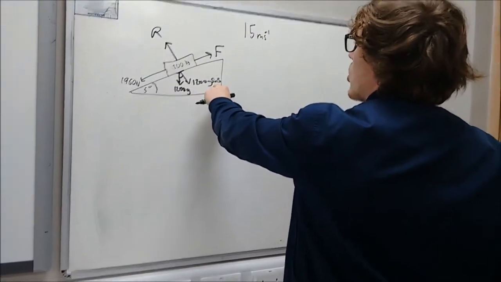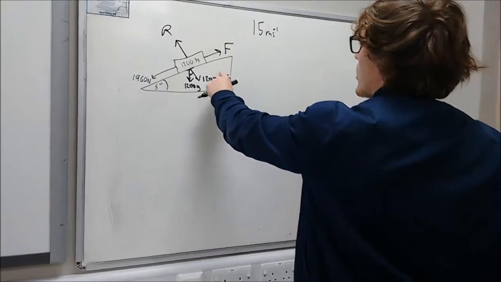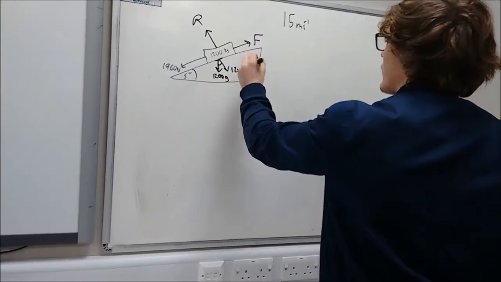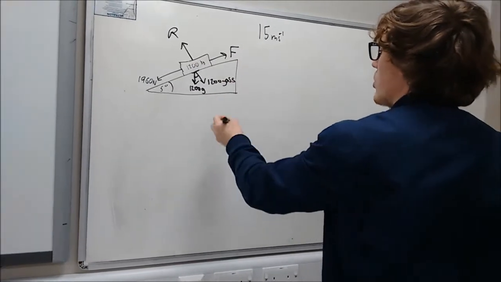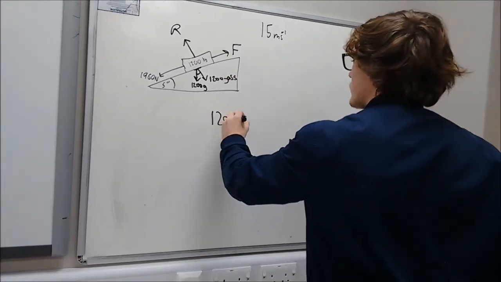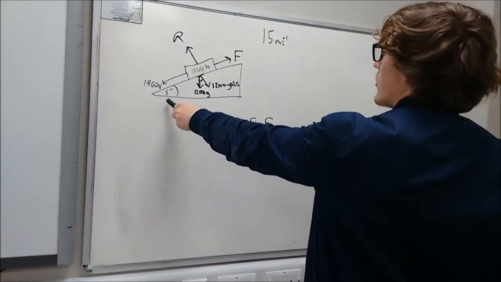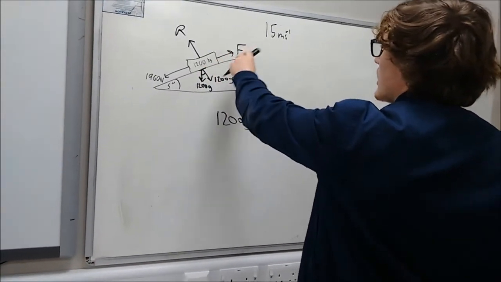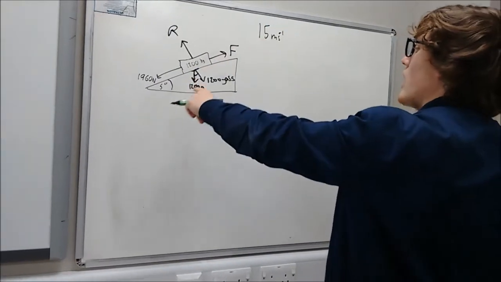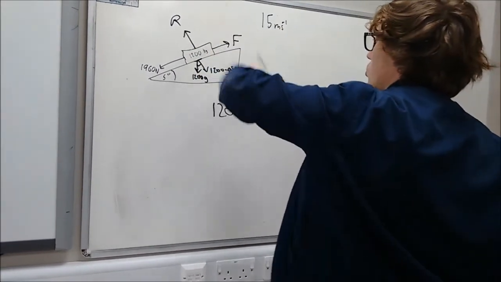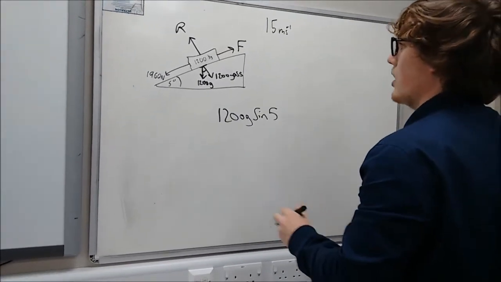1200 G sine 5. This should be cos 5, that is 1200 G sine 5. As we know, with a 5 degree incline, sine is always up the way of movement, and cos is across, perpendicular to the way of motion.